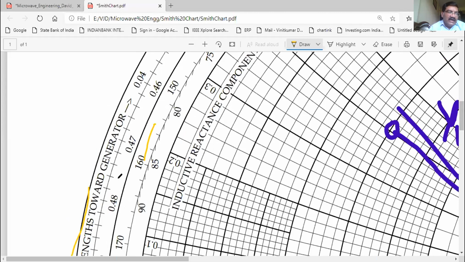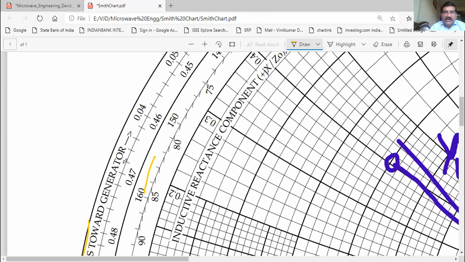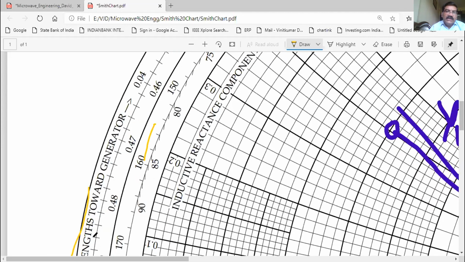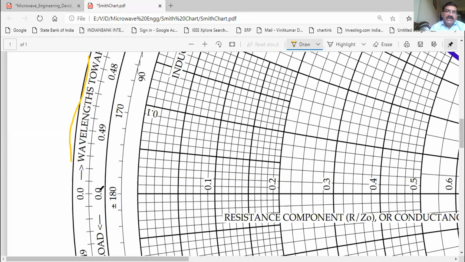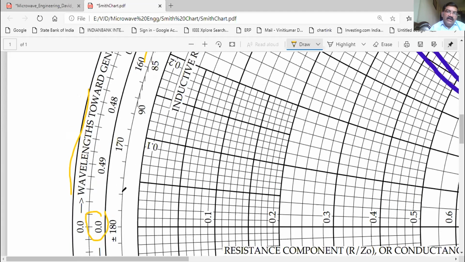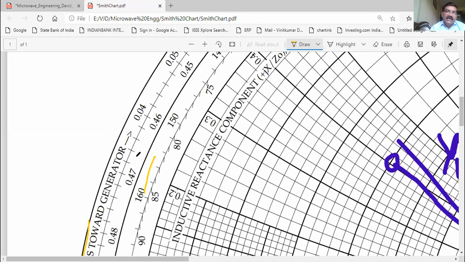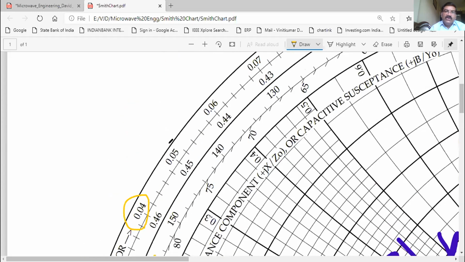Now on this circle, where these 2 points intersect, that you have to find out. The wavelength toward generator starts from 0, so this is 0, it starts from here. Toward generator we are going, so you go from this side, so it is 0.04, this upper one 0.05, this 0.06, the outermost reading, that you have to refer.